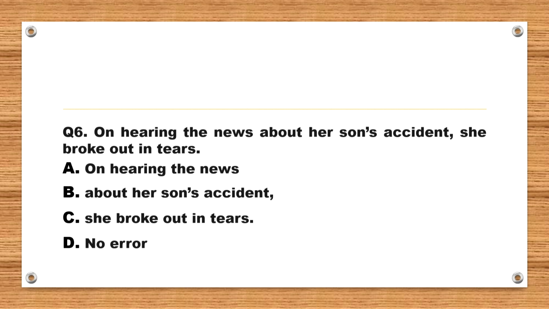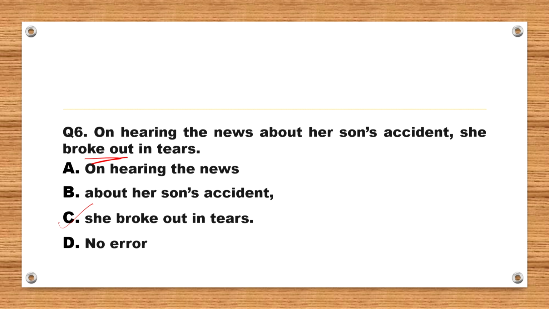Done. Let's check. On hearing the news about her son's accident, she broke out in tears. So, the error is in option C. The phrasal verb broke out is wrong, as it means to start suddenly, used in case of disease, war, and other unpleasant events. Another meaning of breakout is to escape from prison or jail.